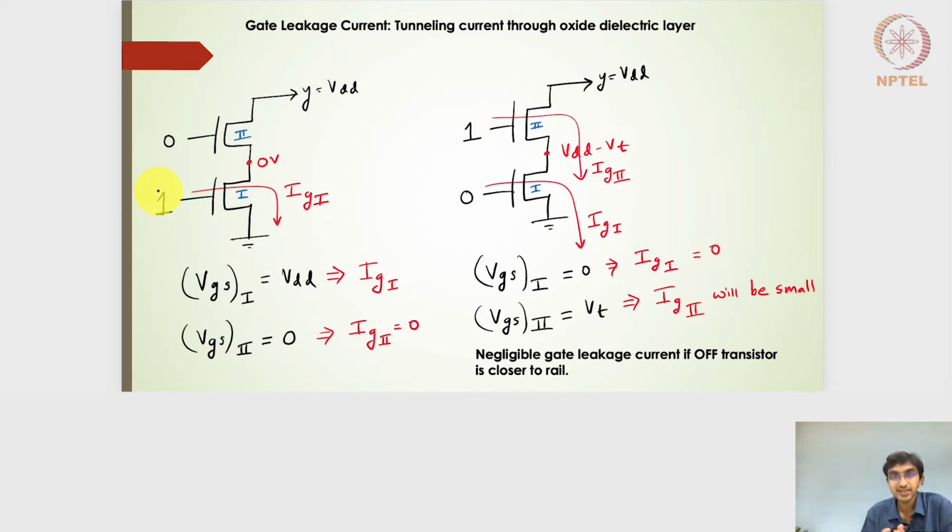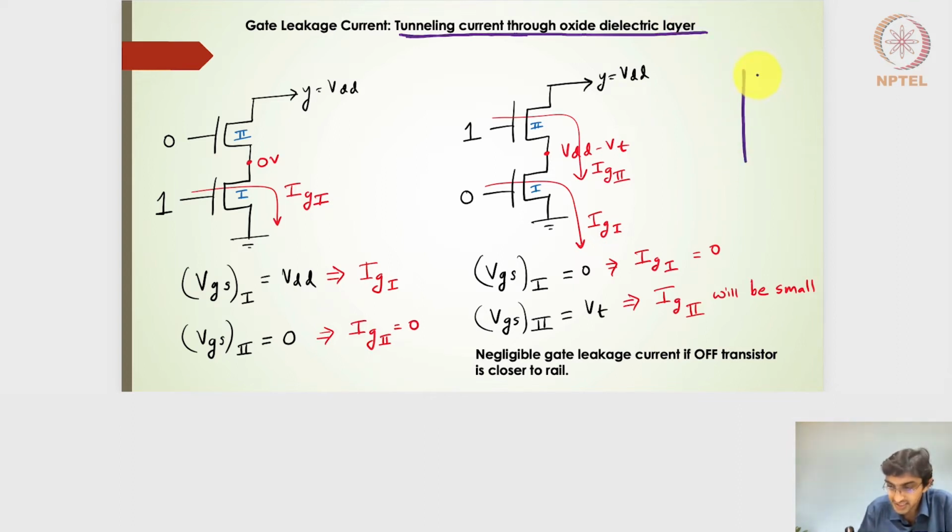For the gate leakage current and the gate leakage power, we need to ensure that only the on transistor is likely to give us the gate leakage current. And the gate leakage current is attributed to the tunneling current through the oxide dielectric layer.